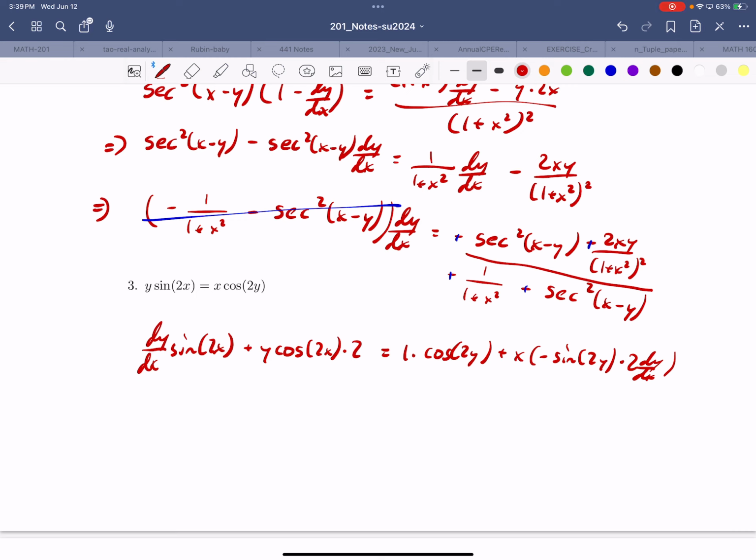Right, and then all this is going to equal, or what this is going to imply, right, again, get those dy over dx's on the same side. Sine of 2x, and this is going to be plus 2x sine of 2y because we're subtracting over the negative.